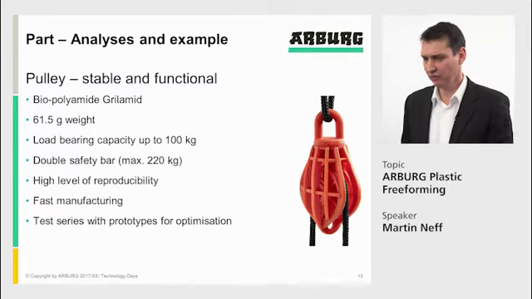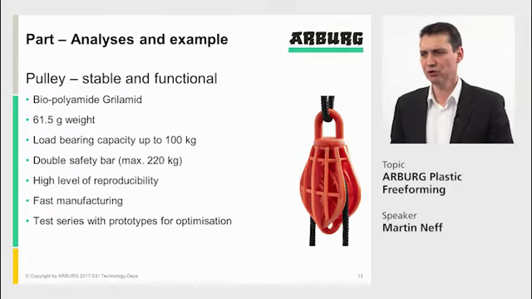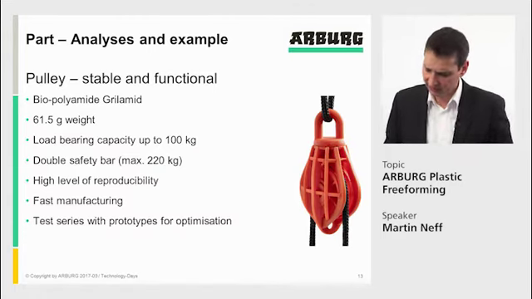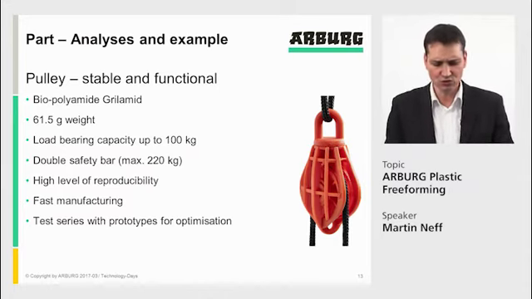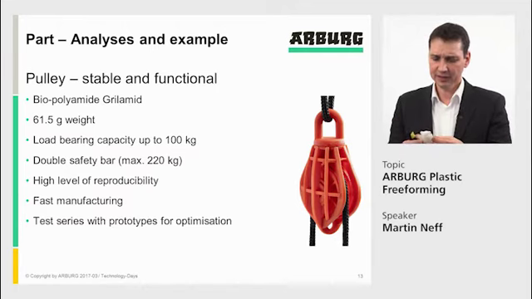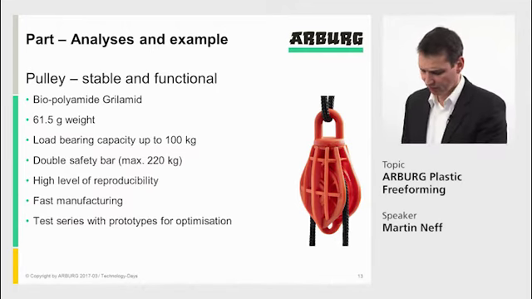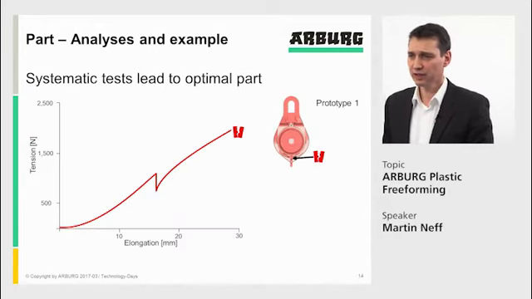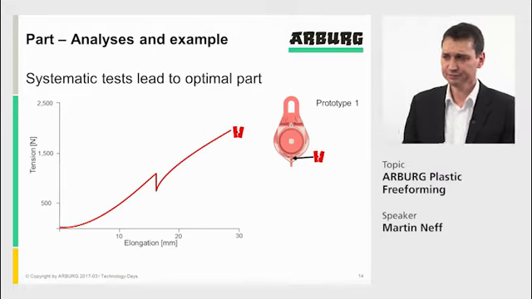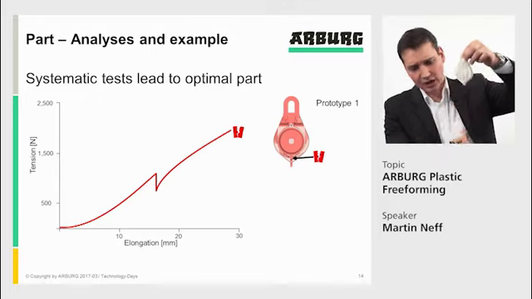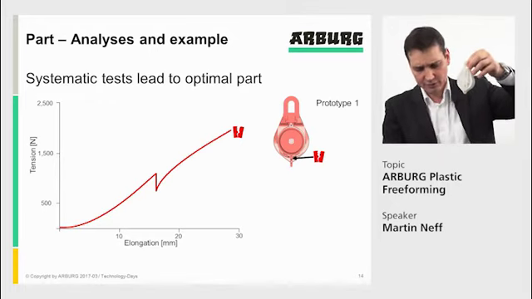We obviously want to have a high level of reproducibility, and for the designer, what was important was: what do I need to do to improve the part in regards to stability, and how can I get to a more stable part? As a first step, they produced that part and put it into a machine where it gets pulled apart.